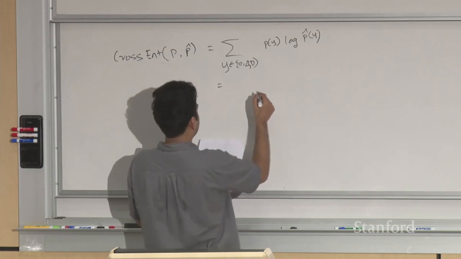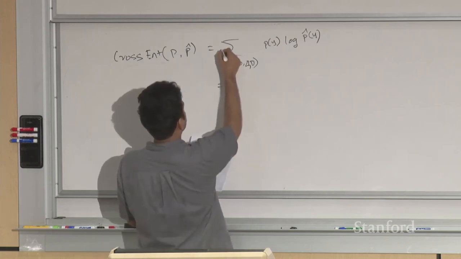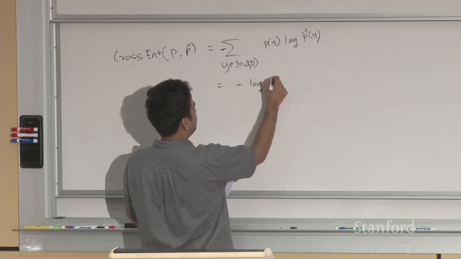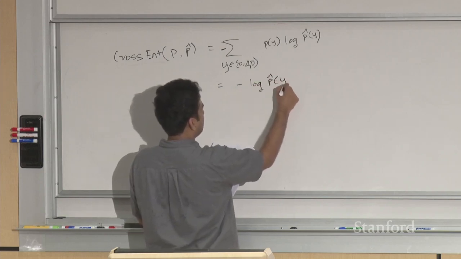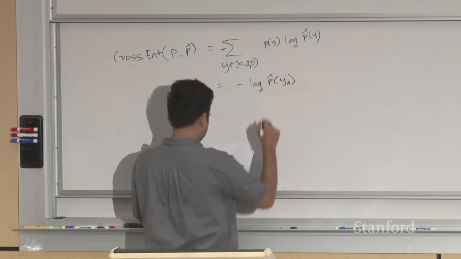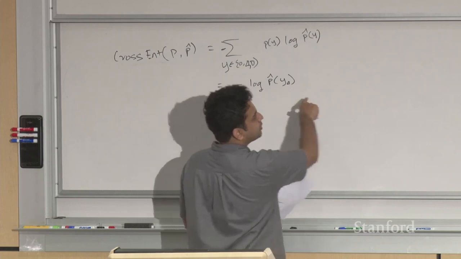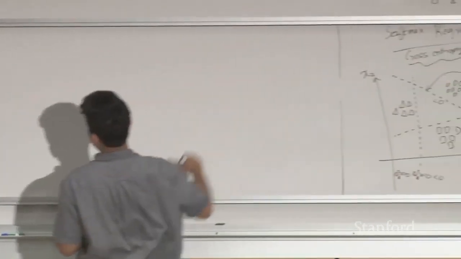Then this boils down to minus log p hat of y triangle, and the hypothesis is essentially that expression.